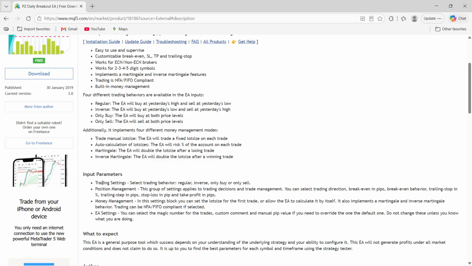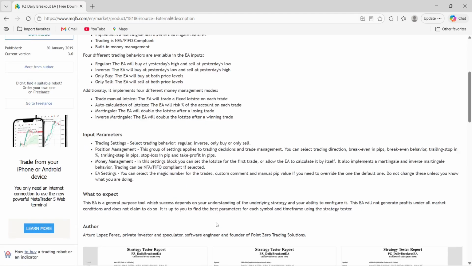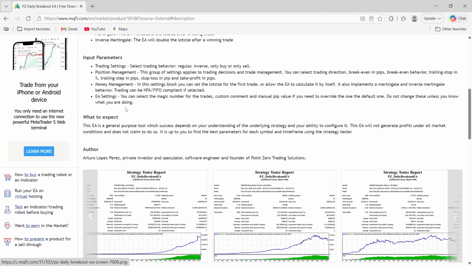You can see that we have the trading settings, the position management, money management, and then the EA settings, which says you can select the magic number for the trades, custom comments, and manual P-value if you need to override the default one. Do not change this unless you know what you are doing. So obviously this is not for beginners, only experienced traders who know what they're actually doing.